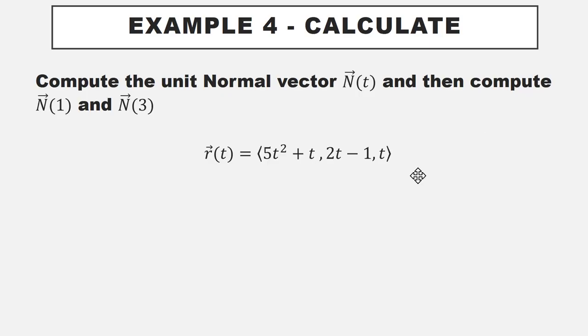Now, this one's going to be trickier because our original derivative did not have constant length. So the unit normal vector was something whose length involved the variable t.